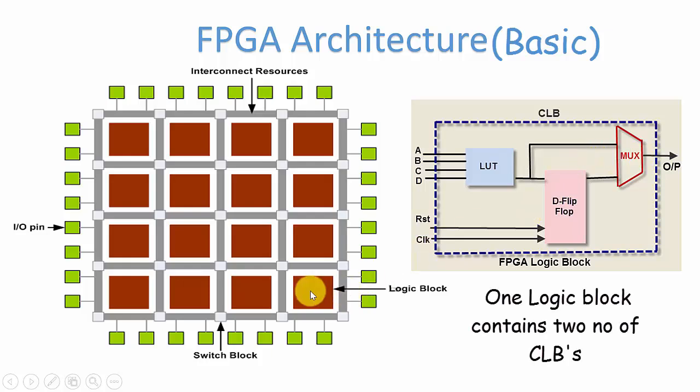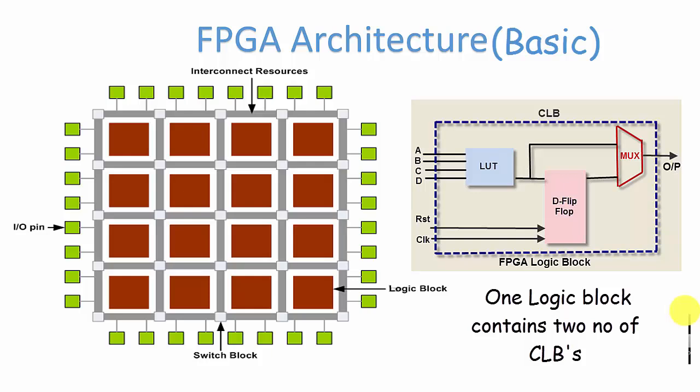In each logic block, two of these lookup table blocks will be present. This is the basic diagram, and additionally some gates will also be used. Till now we have discussed the very basic FPGA architecture.